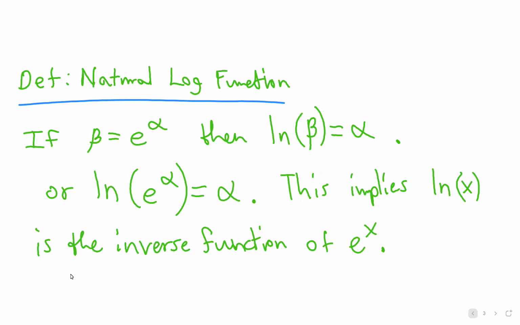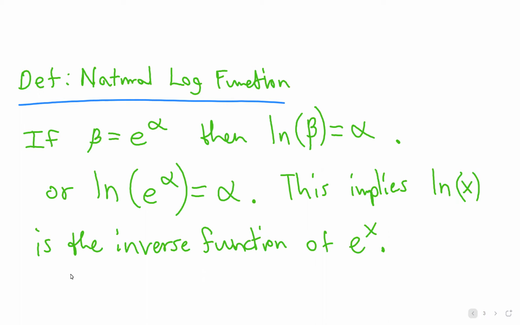So in order to undo an exponential function, we need to know what the inverse of that exponential function is. And here we have what the inverse of that exponential function is, defined as the natural log function. And so we can take a look at kind of what this is.